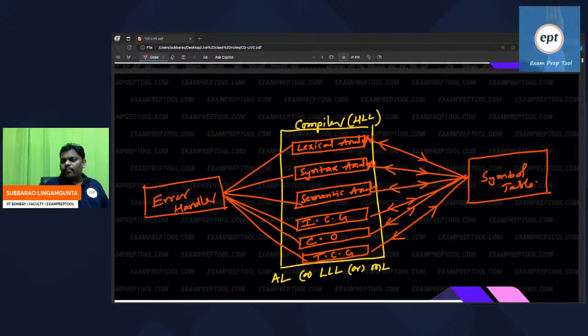Fine. Is it okay? Intermediate code generator, code optimization, target code generator. Is it okay?